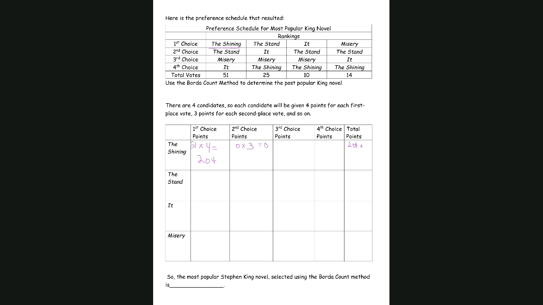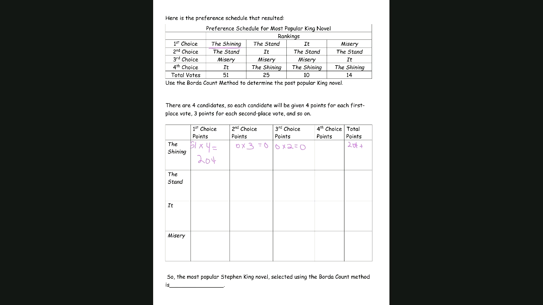Third choice. The Shining was not listed as third choice as well. So 0 times 2 points, that's just 0. And The Shining was listed in fourth place by 25, 10, and 14 people. 25 and 10 is 35, and 35 and 14 is 49.